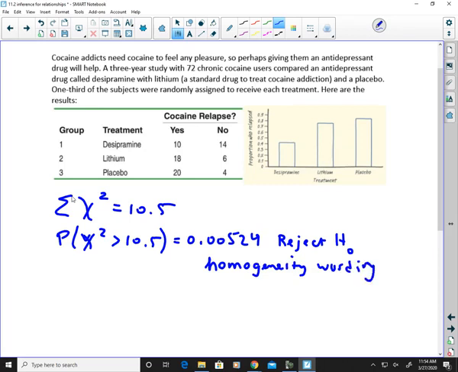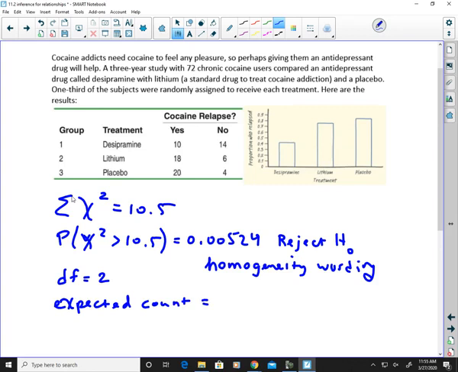And because you're looking at, is there a difference in cocaine relapse for different treatments? My degrees of freedom would be 2. Let's check our expected counts.